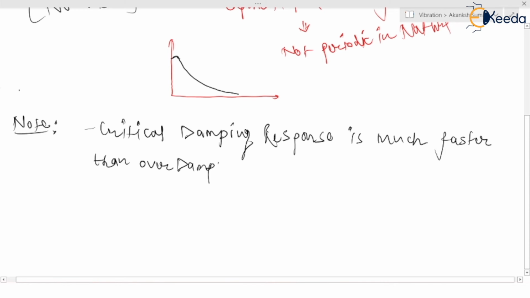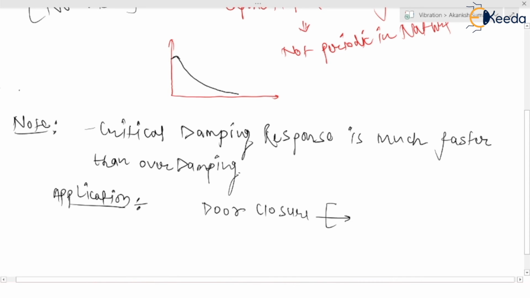So there are applications based on the critical damping system. I'm just writing here the applications based on the critical damping. The first is door closure. We all know that door closures are overdamped.